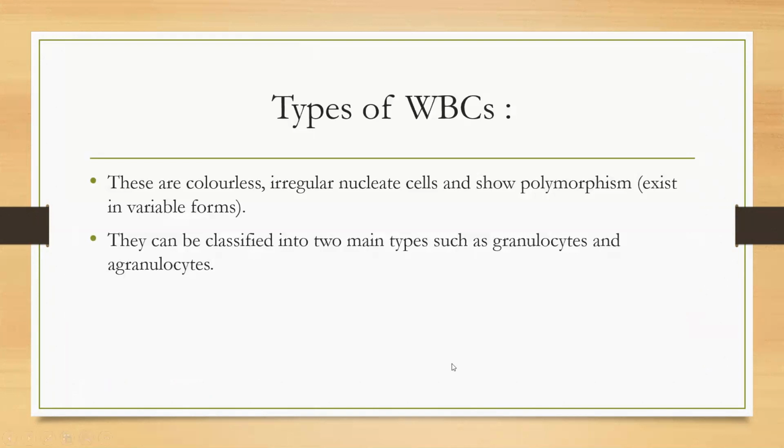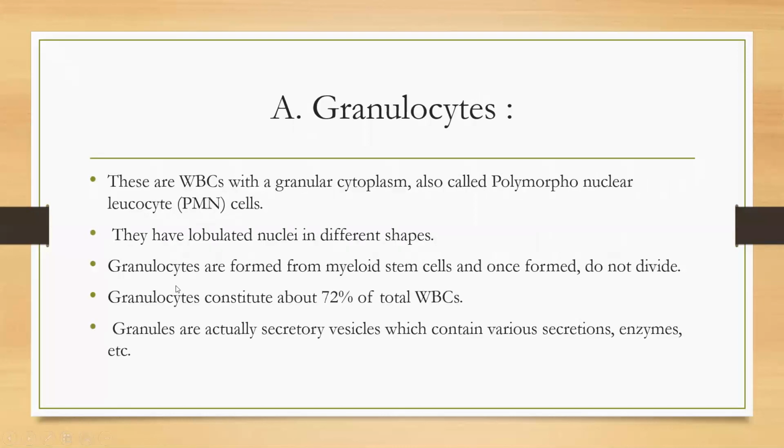As we know, WBCs are colorless, irregular nucleated cells. WBCs are classified into two main types, in the diagram we just saw, that is granulocytes and agranulocytes. What are granulocytes? We are going to study the first type, which is called granulocytes. They are the WBCs with granular cytoplasm.